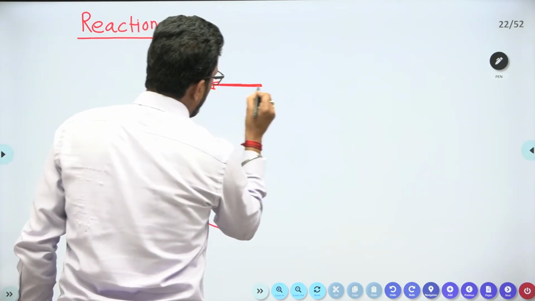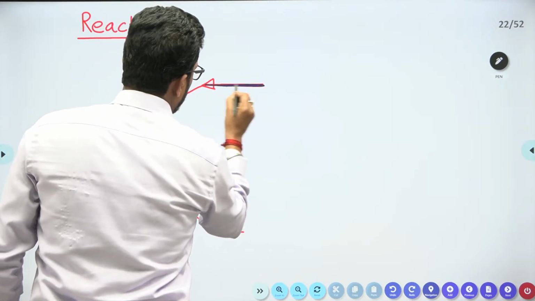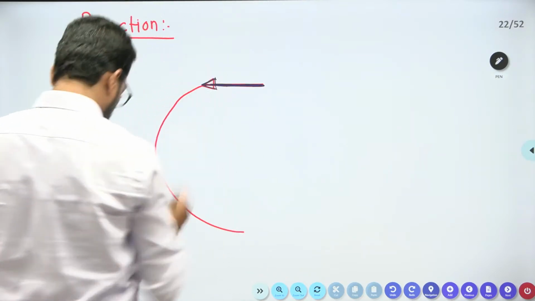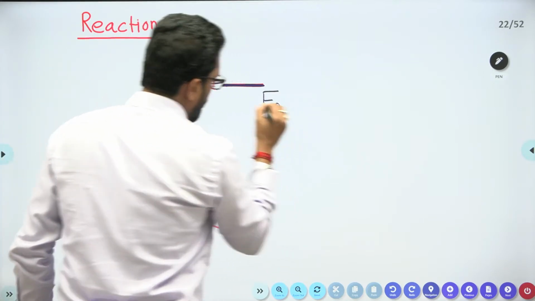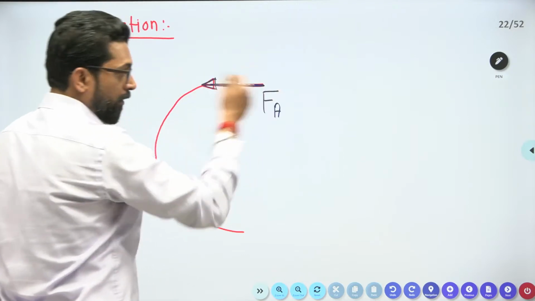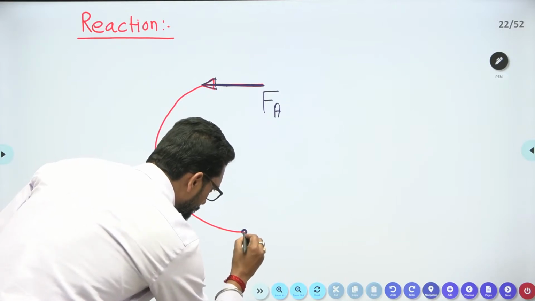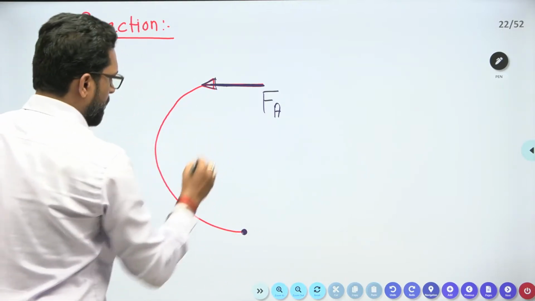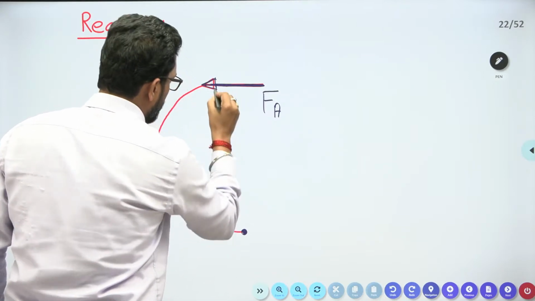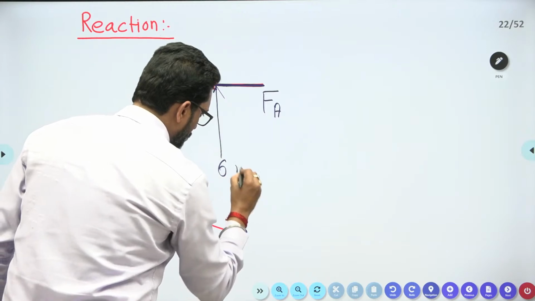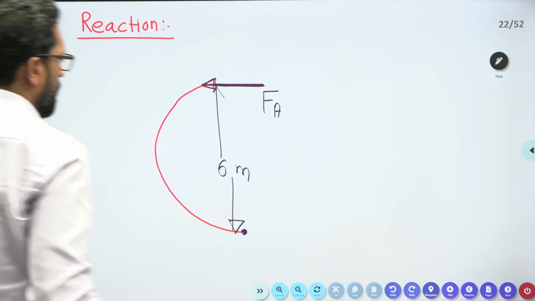We can consider this as force A. This force is provided due to the contacting point, right? This is the hinge. This is your 6 meter, no problem at all.